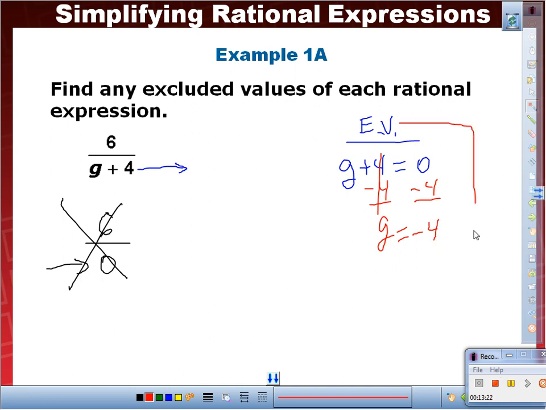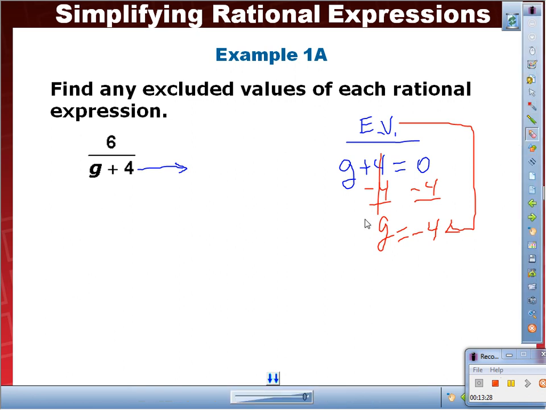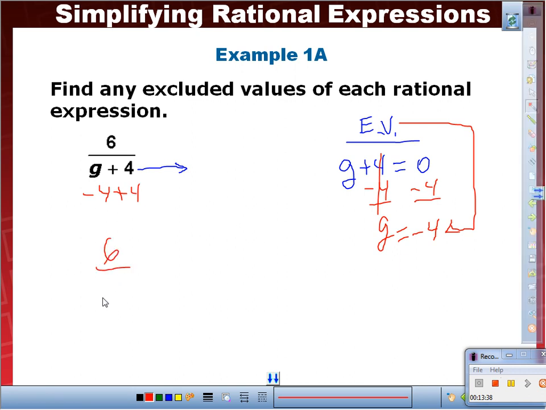That my excluded value is negative 4. Let's see if it works. Let's see if it's true. So instead of g, what am I going to substitute? What is negative 4 plus 4? And what did we say? We cannot have that. Therefore, what's our excluded value? We cannot use negative 4.